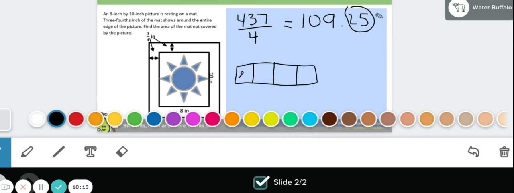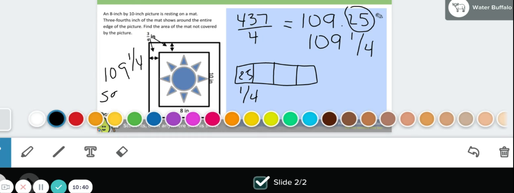So one of those quarters would be equal to a fourth. So I'm going to make this 109 and a fourth. So the volume of the larger figure is 109, I'm sorry, not the volume, the area, in 1/4 square inches.